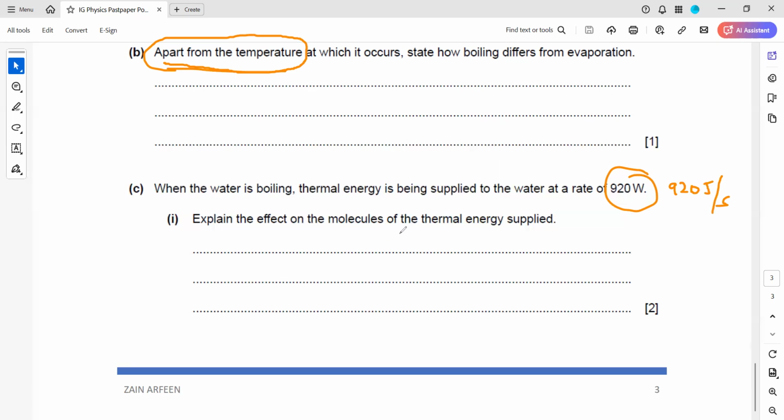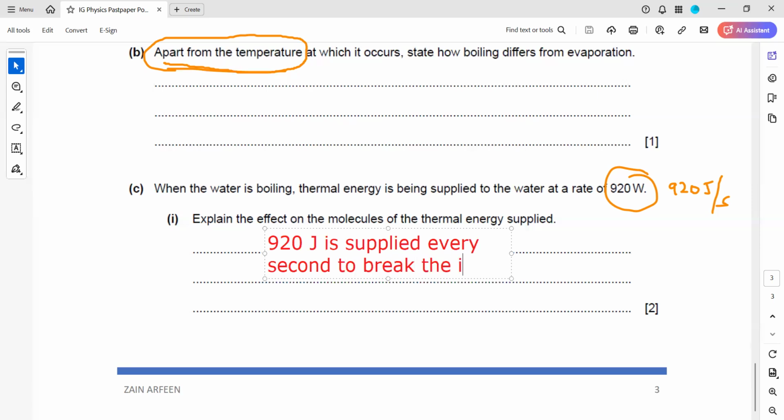Explain the effect on the molecules of the thermal energy being supplied. So when we supply thermal energy at a rate of 920 watt, it means 920 joules is supplied every second to break the intermolecular forces.